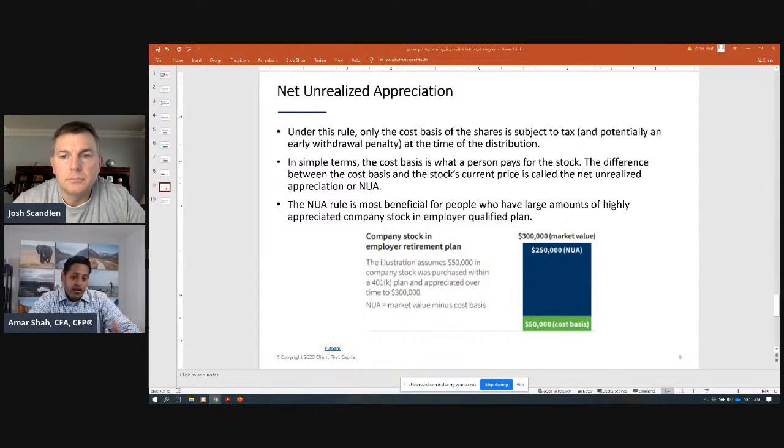When my dad retired, he had a lot of company stock, a lot for them. I'm going to do a video on how the CPA told my dad not to do an NUA, and how that ended up costing them probably close to $60,000 to $70,000 in taxes in the future.